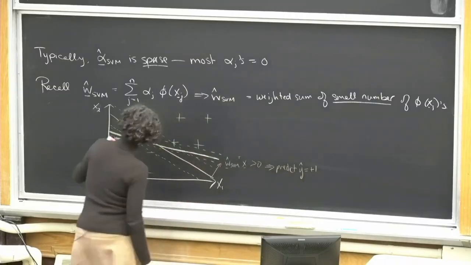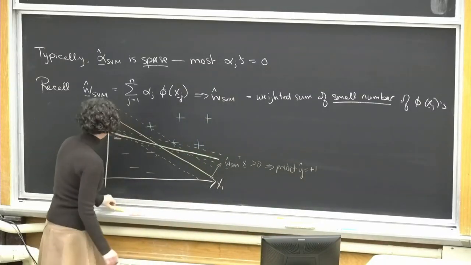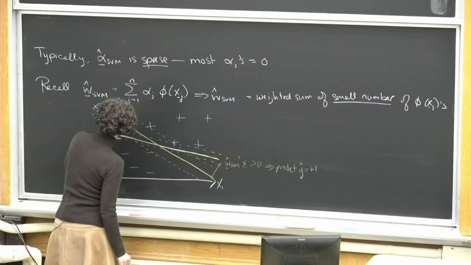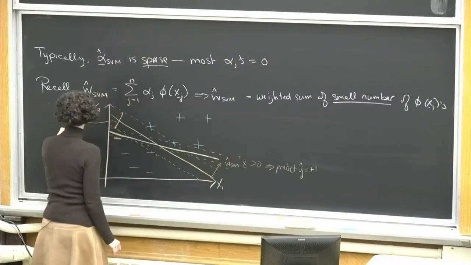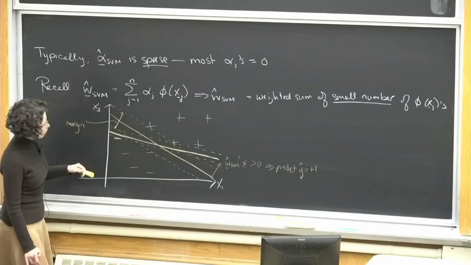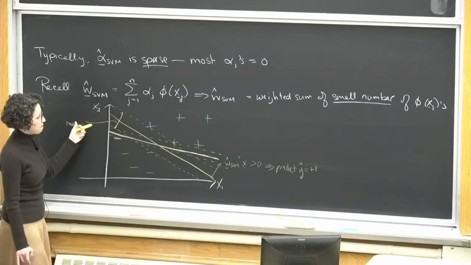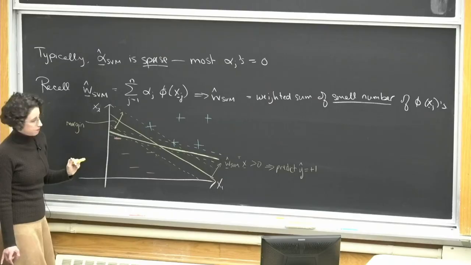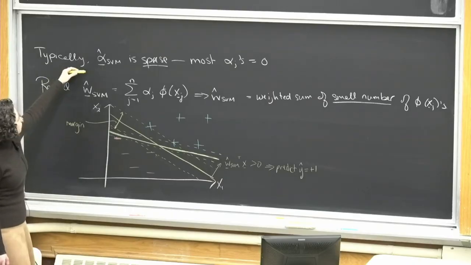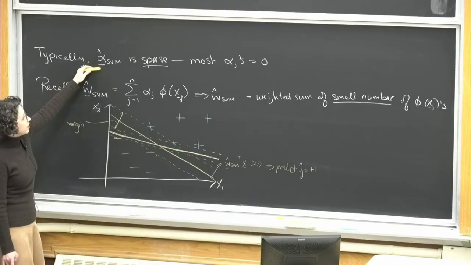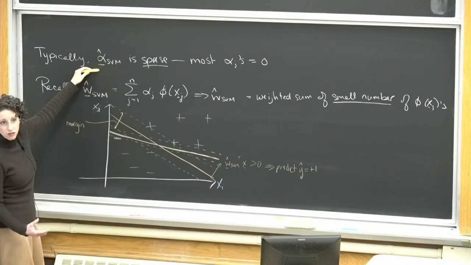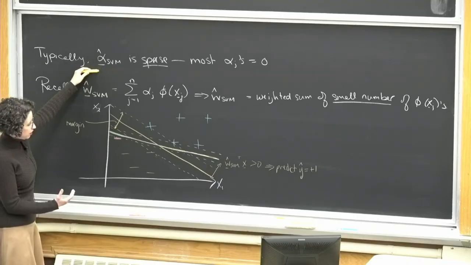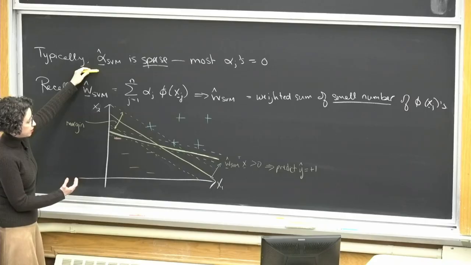Okay, so the technical term for this is not tube, but rather margin. I'm going to call this region here the margin, and what we're doing with the SVM is trying to maximize that margin. In addition, I said earlier that this alpha hat SVM is sparse. Remember, alpha hat is giving us a weight on each one of the training samples.